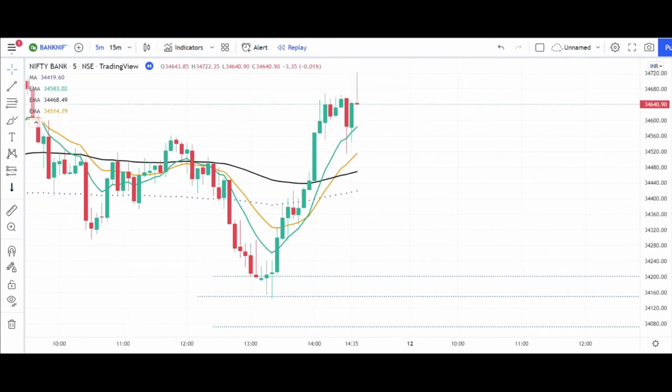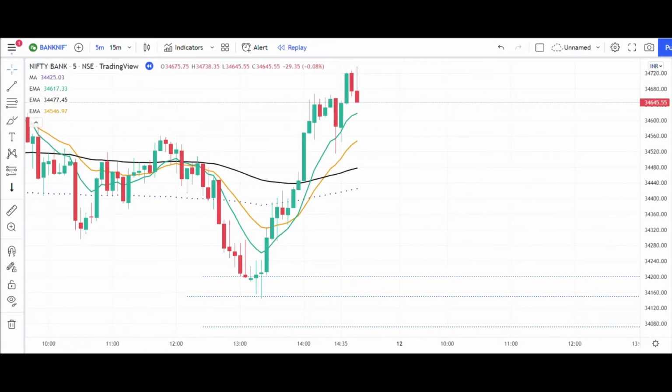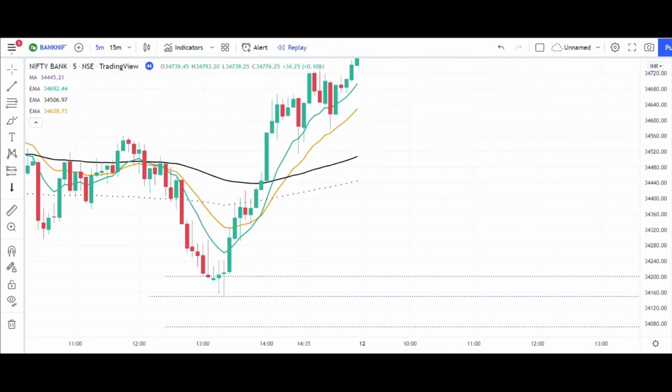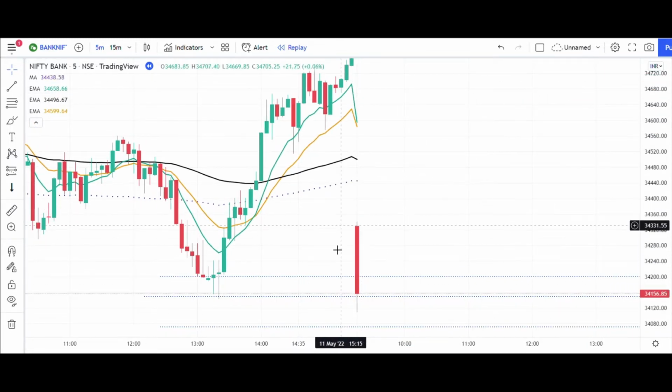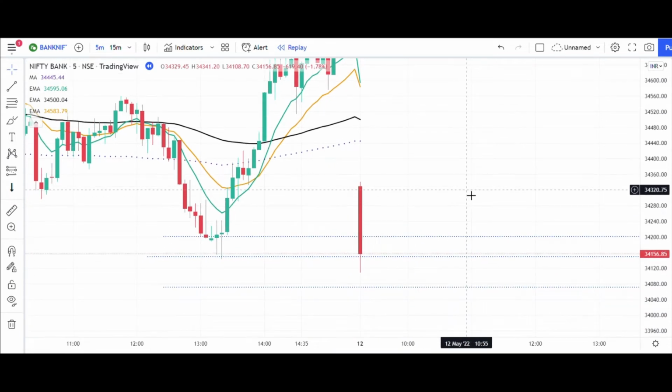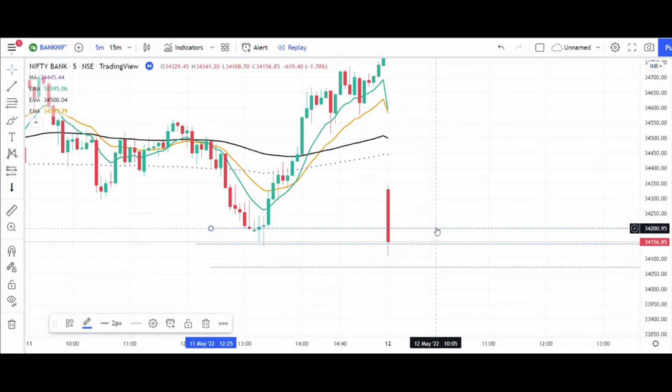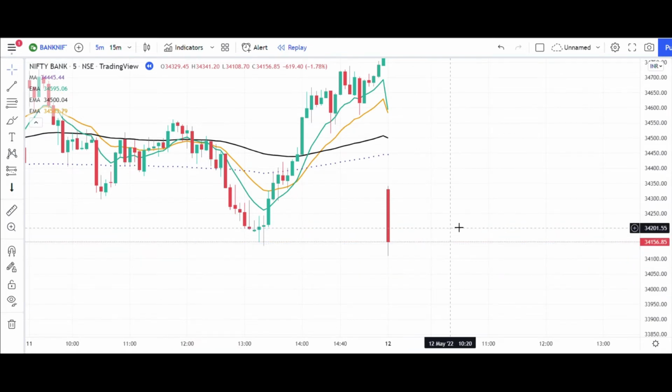Let's see what happens next if the same scenario is happening. So let's check the 12th May. What happened on 12th May? It opened gap down, and I will delete this one from the previous day. Here is one kind of low, but we can see the condition has not been satisfied yet.